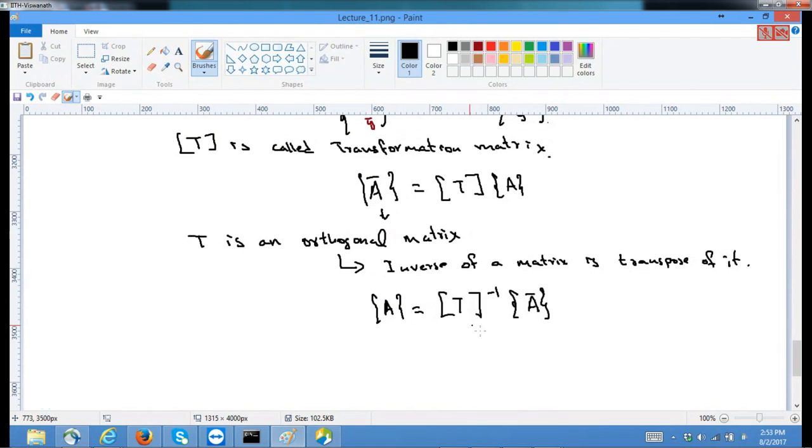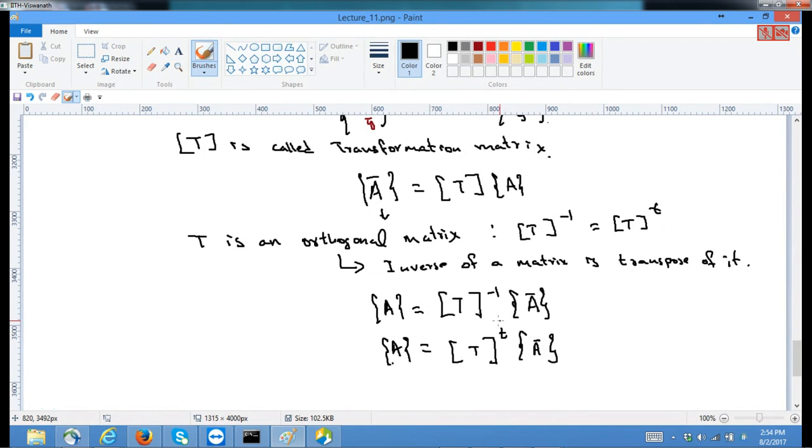But since it is an orthogonal matrix, T inverse is equal to T transpose. So we have this as a property.